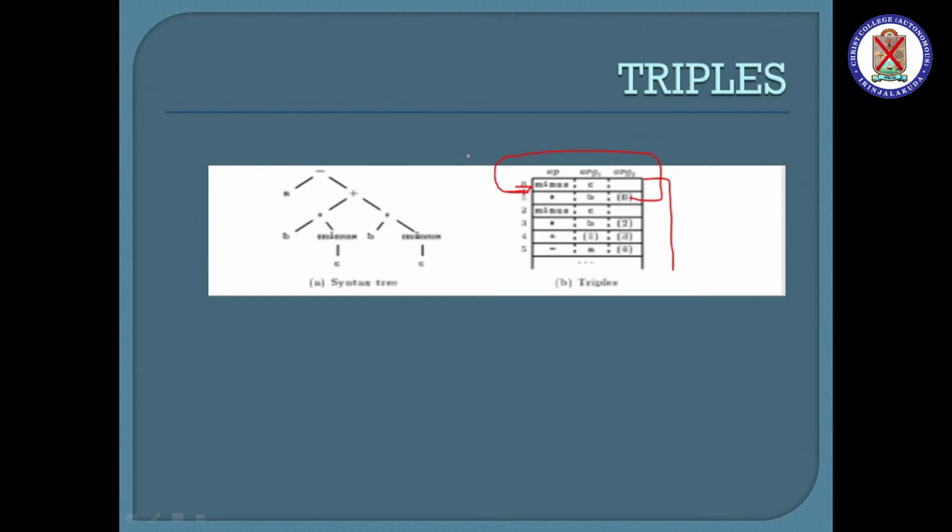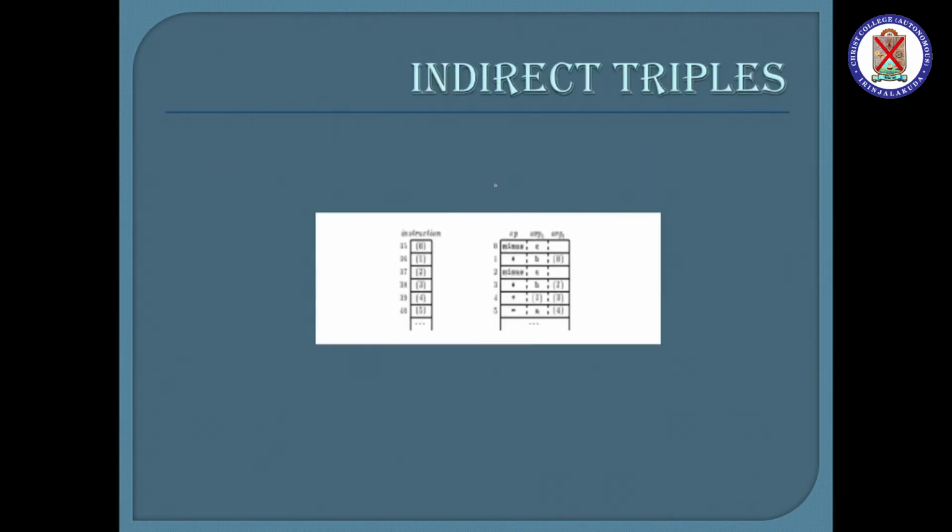Next one is the indirect triples. It is a very efficient representation. Indirect triples means we have the triple data, and we are not using it directly, but we are using an index. This index will be used by the compiler, so you see that 35 points to location 0, and it will check.